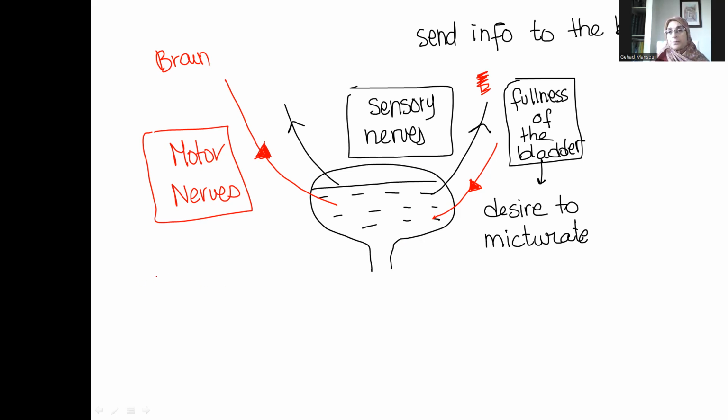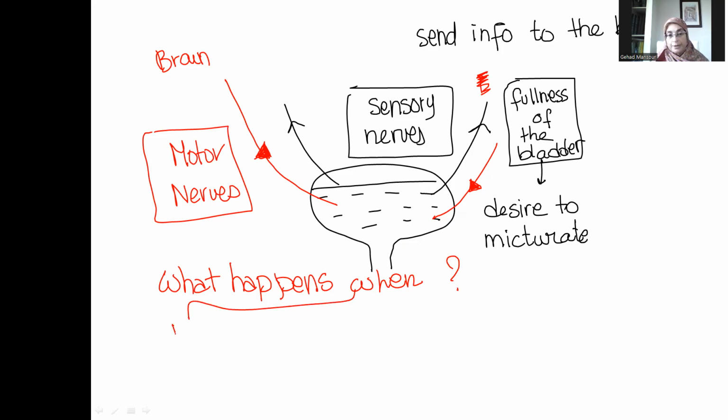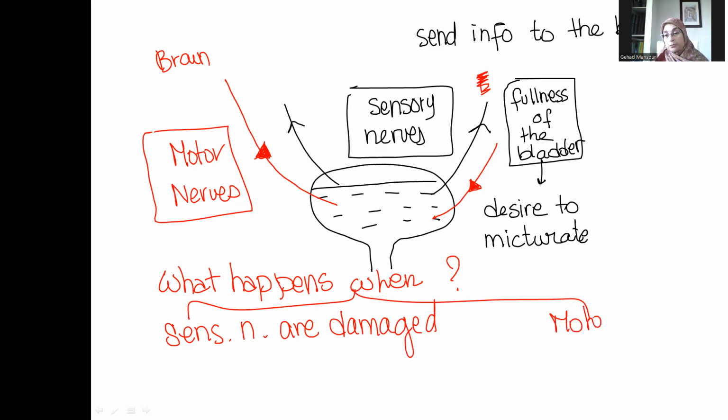So what you might be asked here is what happens when? We have two types of questions here, or two versions for this question. What happens when the sensory nerves of the bladder are damaged, for example, because of diabetes, or the motor nerves of the urinary bladder are damaged?